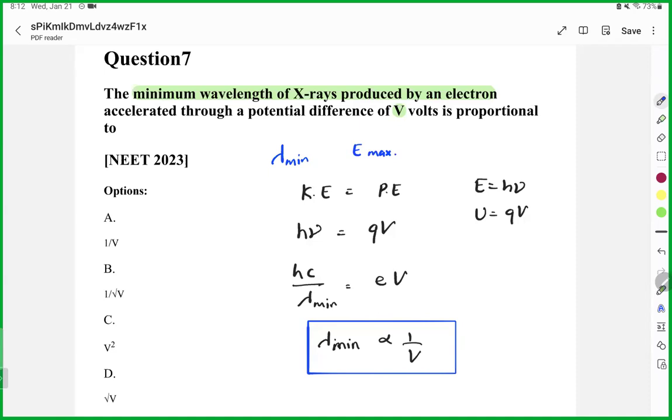Same pinch. You were facing the same issue, that you were not able to correlate multiple chapters together in physics, and that's why you face issues in physics. Yes, sir. And that's the reason.